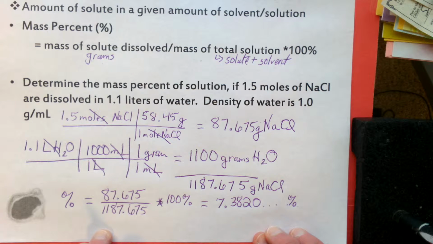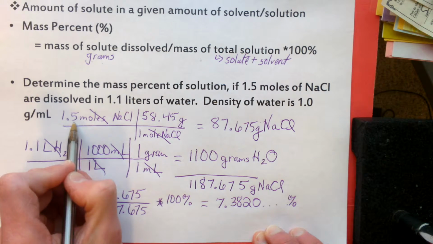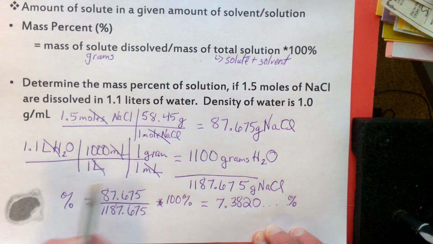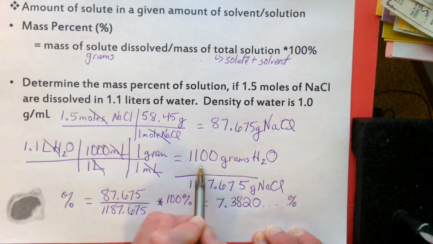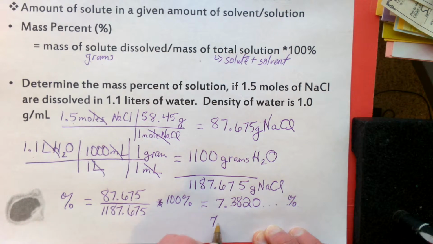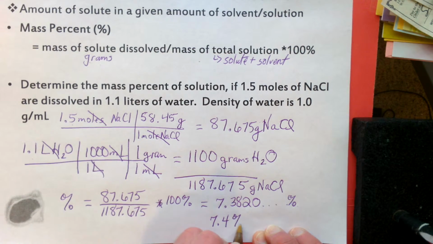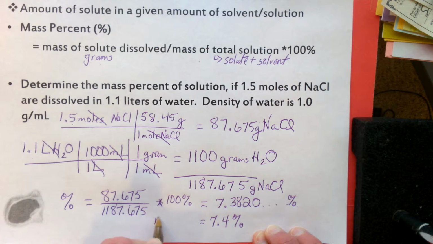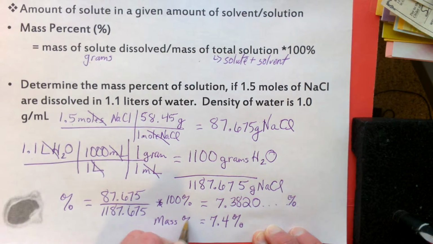But let's go back and look at our sig figs. This was 2 sig figs, and this was 2 sig figs. So let's make the final answer 2 sig figs: 7.4%. And that is our mass percent.